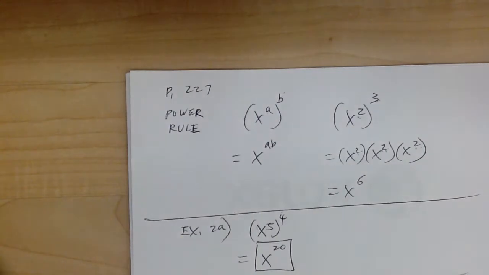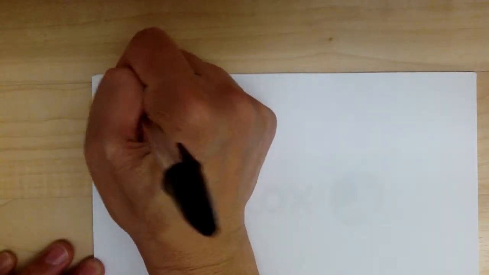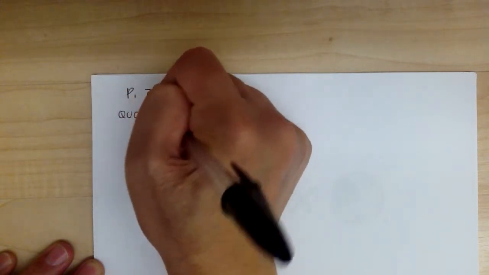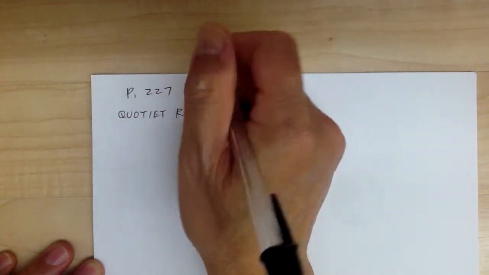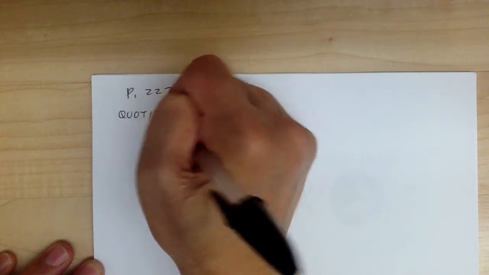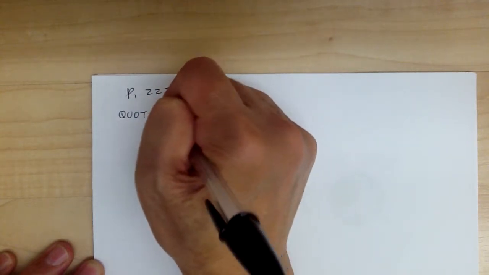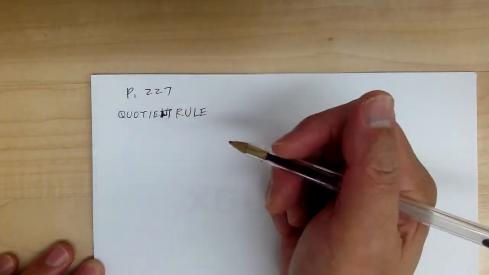Now, next one, on the bottom, you have the dividing rule or quotient rule. So you have the quotient rule. Quotient rule means division. So when you have divide, we're doing the opposite.